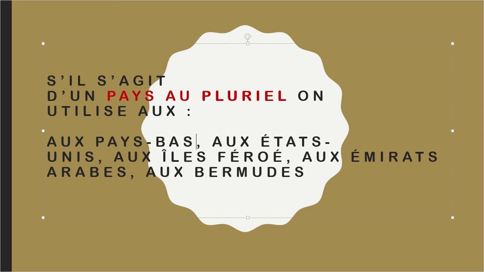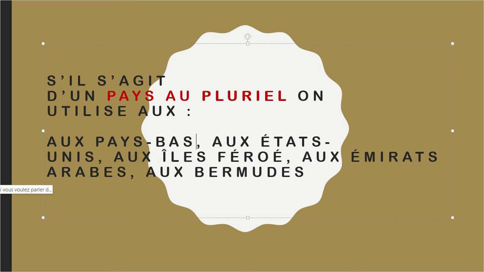If it is like that, just don't bother about the masculine and feminine. You just use aux. Aux Pays-Bas, aux États-Unis, aux îles Féroé, aux Hébrides, aux Bermudes. Pays-Bas is Netherlands.